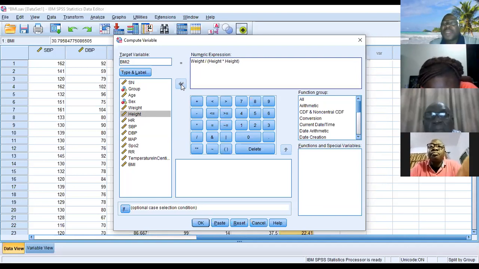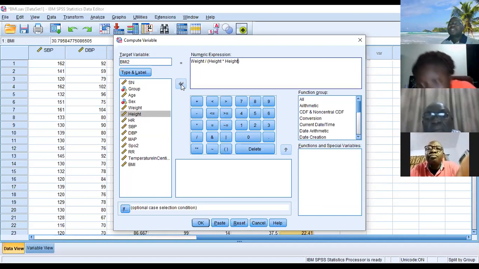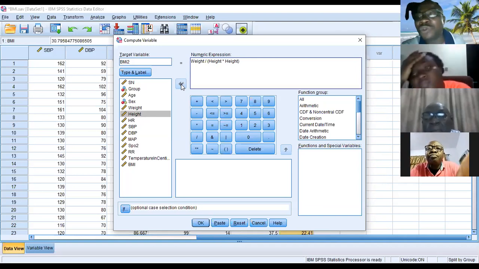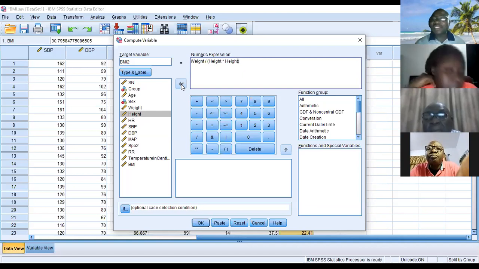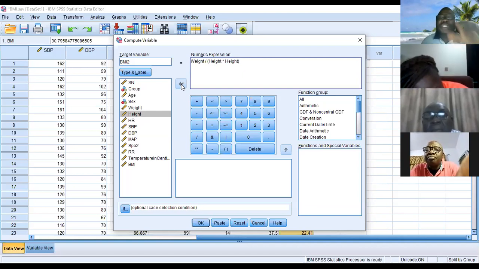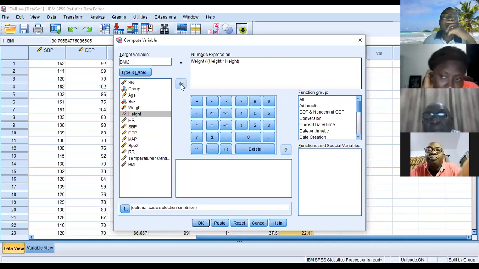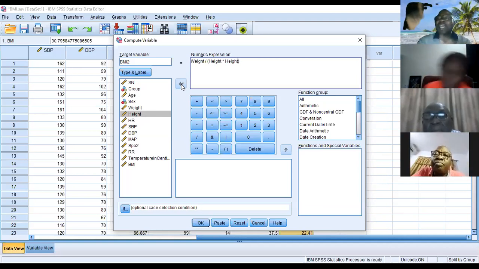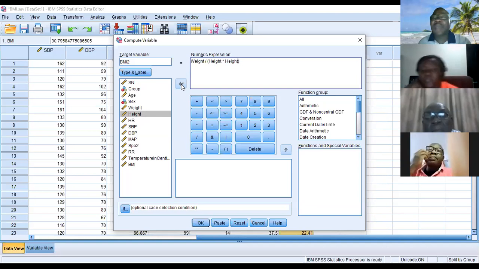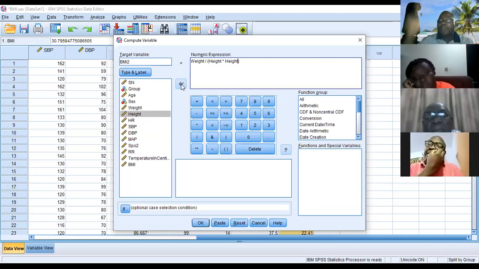That is BMI. Now, why did I say you click on a bracket? The reason is that you are dividing by two things, height and height. If you don't put the bracket there, if you now say times height, you are dividing by the first height and multiplying by the second height.